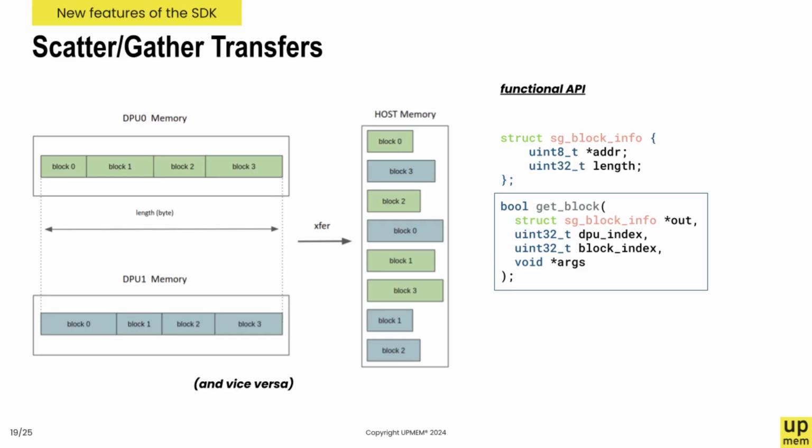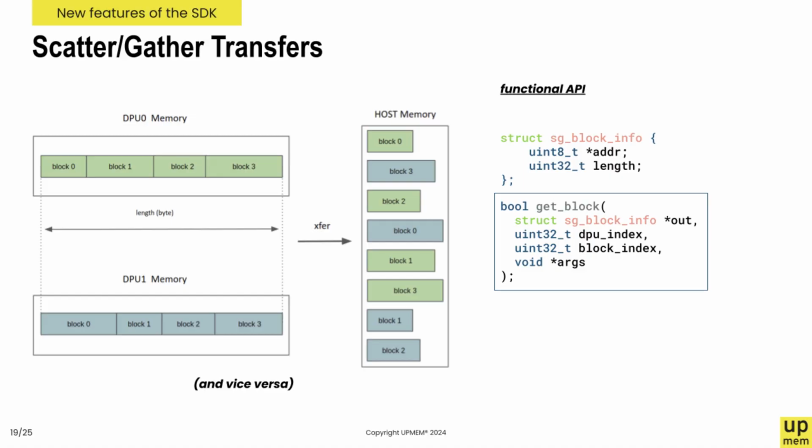Typically, if you've been using the DPUs to do some sorting or some hashing, you can't predict exactly what the size of each block is going to be. So that's why you need an API like that to do this sort of more flexible transfers. It can be used in both directions. Like this is a gather, and you can also do a scatter of sending memory of different size to different DPUs.